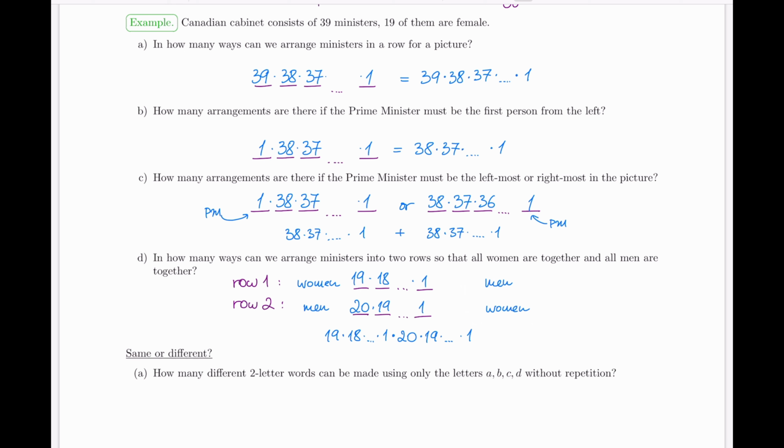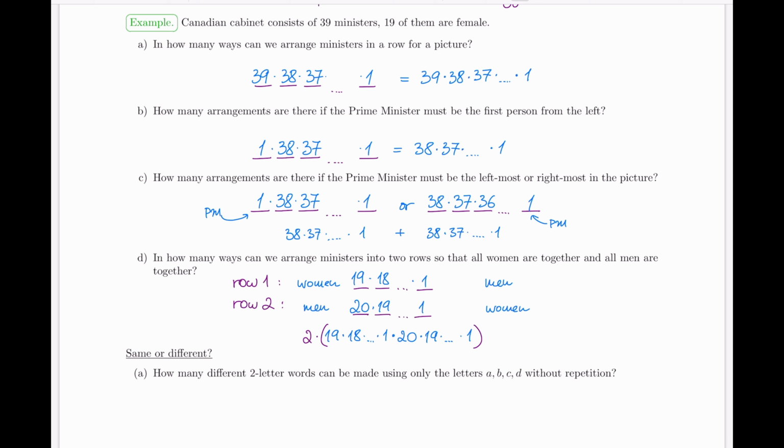Now, of course, these are completely separate. You have to decide whether row 1 contains men or women, and they cannot happen both at the same time, which means that these 2 options will be connected with the addition principle. But because the numbers are going to be the same, it's simply going to be doing this exact same thing twice for the 2 different orders.